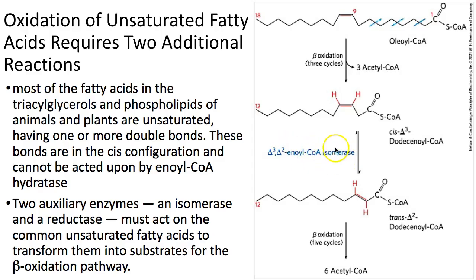This enzyme goes through isomerization and produces the double bond between the alpha carbon and the beta carbon, and now it can go through the rest of the beta oxidation cycle without any issues.